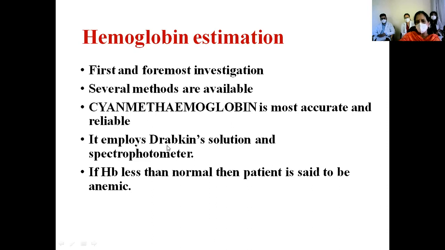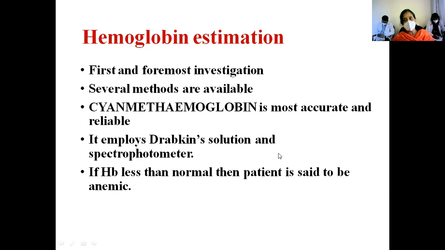And another important thing that is written here is that for the cyanmethemoglobin method of hemoglobin estimation, we use a reagent which is called Drabkin's reagent, Drabkin's solution. Do you know what it contains? Potassium cyanide. Okay. So people used to be very scared initially of this Drabkin's solution because cyanide is a poison.